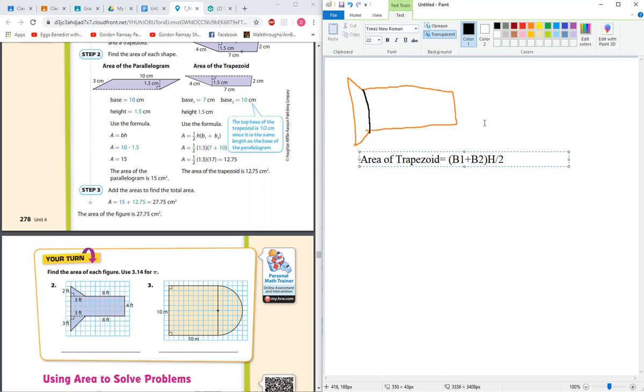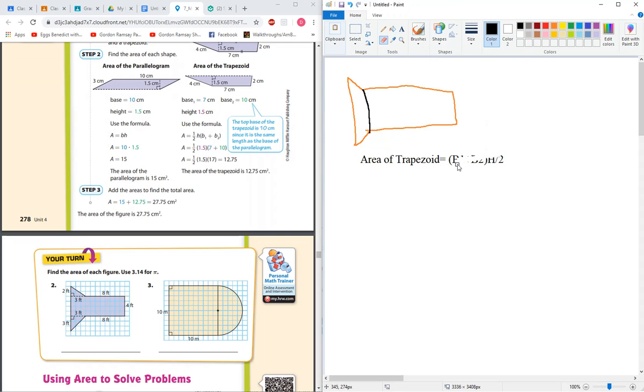Maybe it's better if I write it out. Yeah, I'll write it out. Let's take a look here. So it would be base 1 plus base 2 times the height, all divided by 2. That looks a lot better.